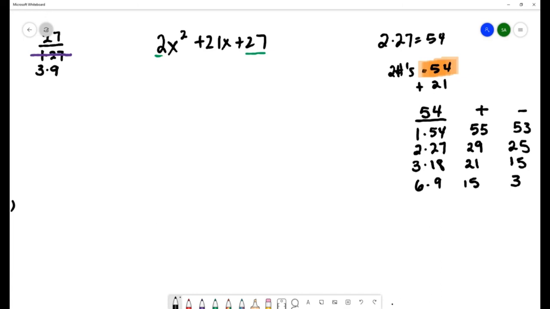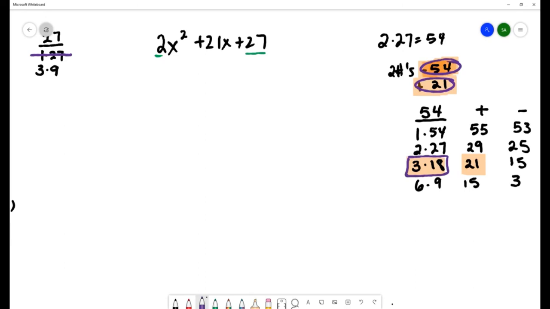And remember what we were looking for. We were looking for numbers that add to be 21. So we've got that right here with this pair. So this is the pair that we want to use because it did what we wanted. It multiplies to be 54 and adds to be 21.